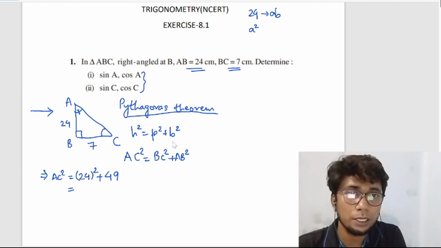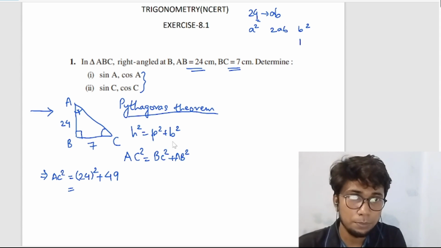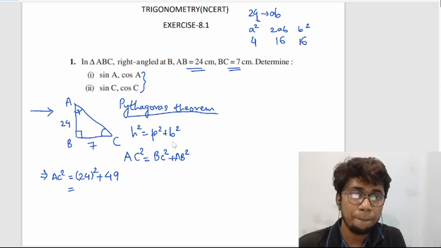It is A square plus 2AB and B square, right? What is B here? B is 4. So what will be B square? B square will be 16. What is 2AB? 2AB is 2 into 2, 4 times 4, 16. Alright, and what is A square? That is 2 square is 4.